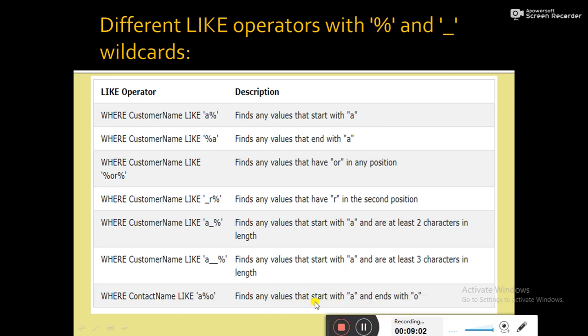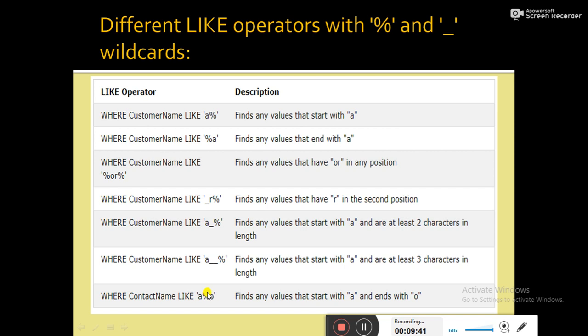Next, suppose we have to display the names of the customers whose names start with A and end with O, but no length is specified. It may be of any length, but the name should start with A and end with O. So the first character A means the expression should start with A, the last character O means it should end with O, and in between A and O there may be 0 or any number of characters.